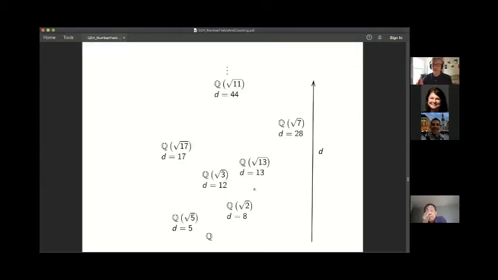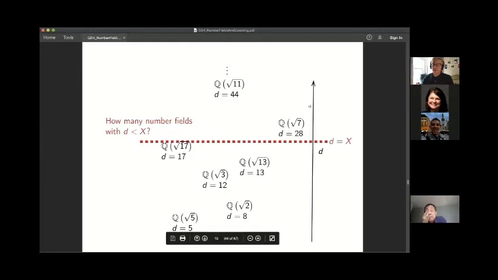Here's a bunch of number fields. They all live above Q in some sense, namely they all contain Q. And then below them, I've written their discriminant, so their height. So you can imagine there's an infinite collection of number fields sitting above Q, but I've now organized them all on the d axis by their height.